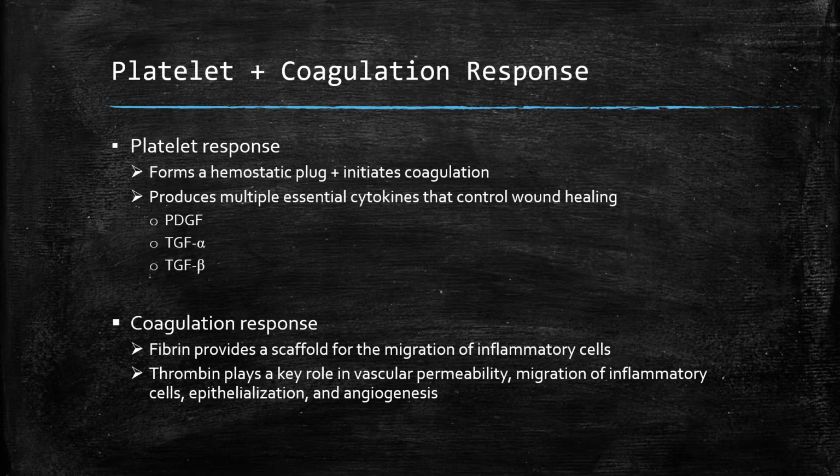The fibrin provides a scaffold for the migration of inflammatory cells into the wound. Thrombin also plays several key roles in wound healing. Early on, it facilitates vascular permeability and the migration of cells into the wound. Later on, it supports the processes of reepithelialization and angiogenesis.